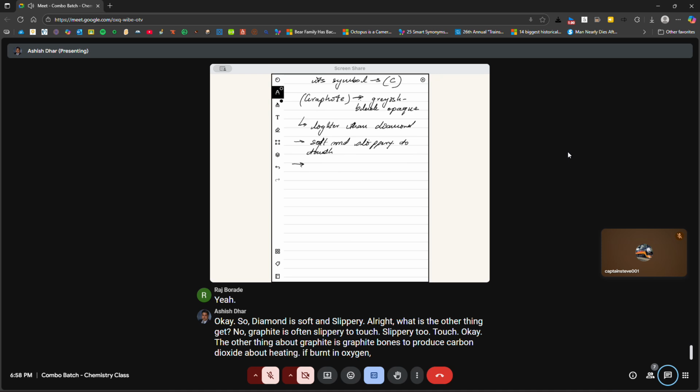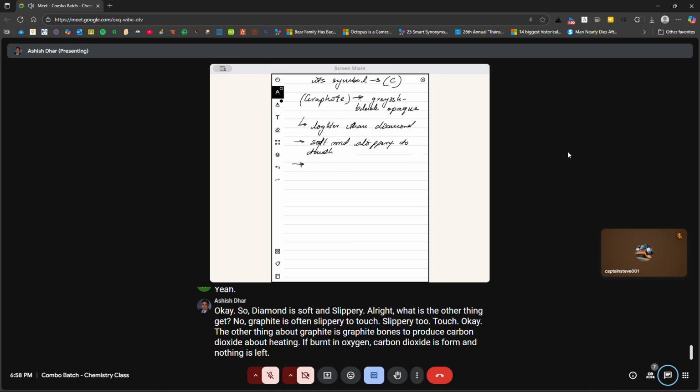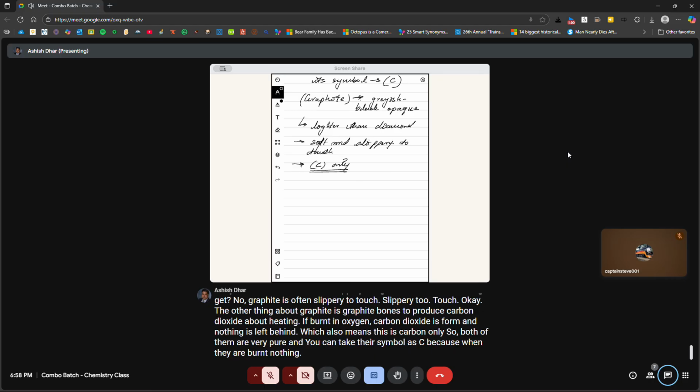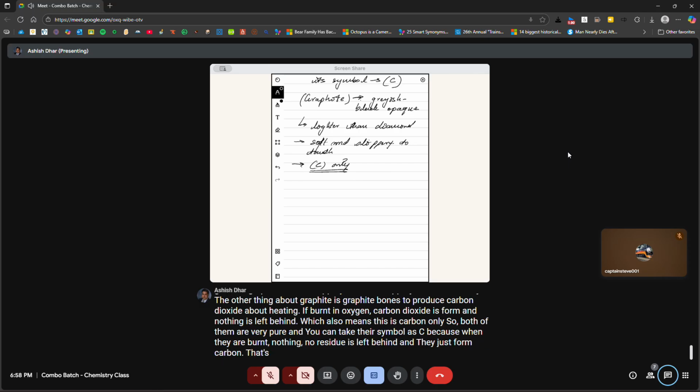If burnt in oxygen, carbon dioxide is formed and nothing is left behind, which also means this is carbon only. So both of them are very pure, and you can take their symbol as C because when they are burned, no residue is left behind, and they just form carbon dioxide.